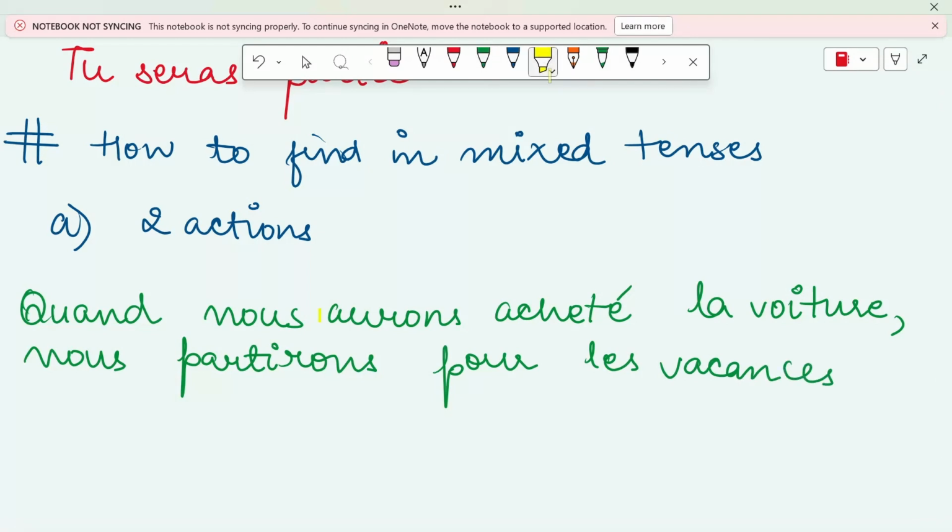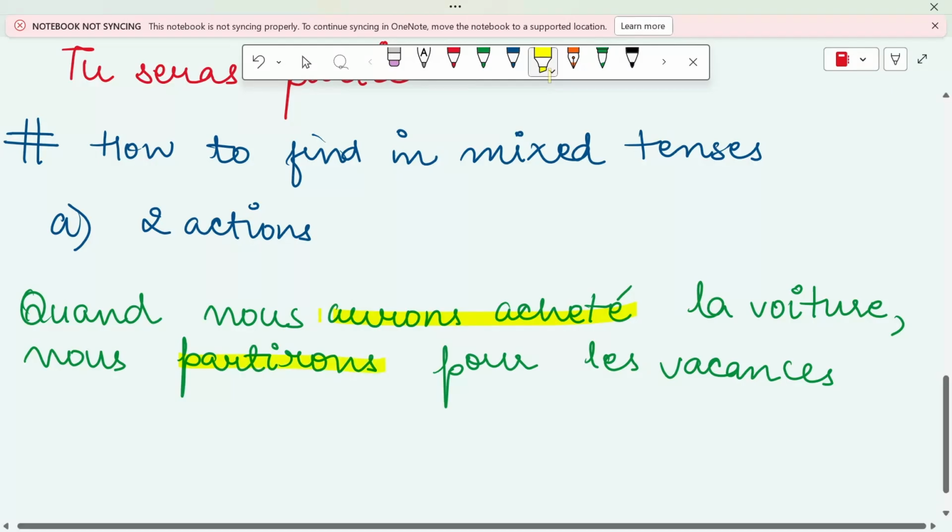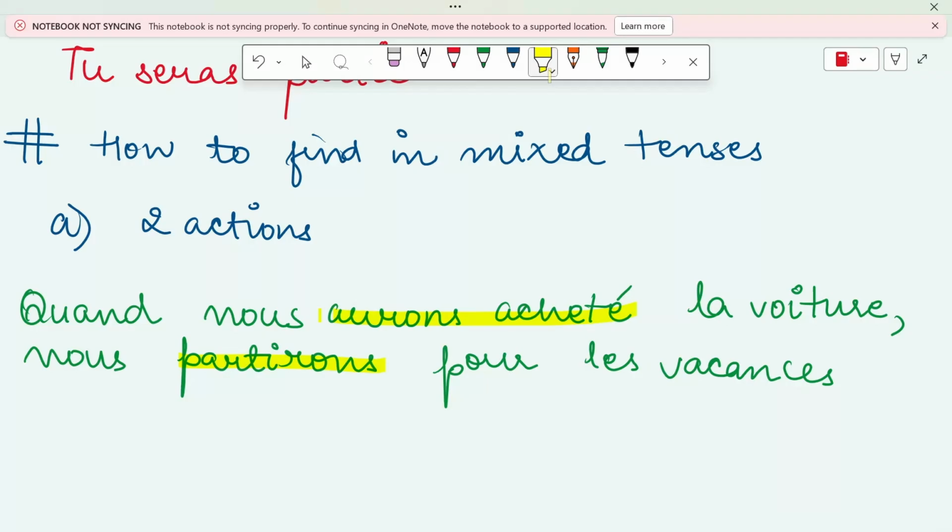So over here we have two actions. First is buying the car and another is leaving for the vacation. So until and unless you get the car, you won't be able to leave for the vacation.